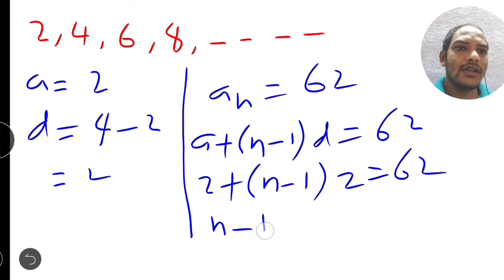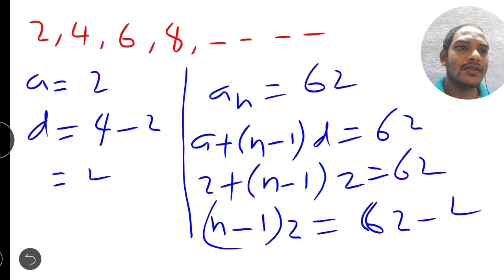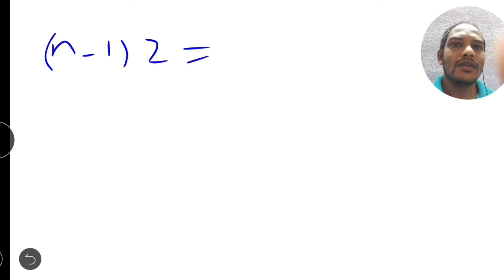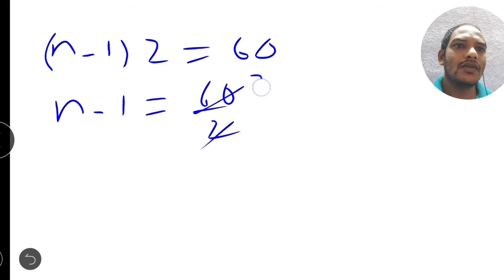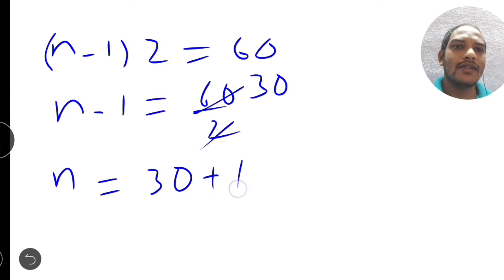N minus 1 into 2 equals 62 minus 2. So N minus 1 into 2 equals 62 minus 2 is 60. Then N minus 1 equals 60 by 2. 2 ones are 2, 2 thirties are 60. N equals 30 plus 1, that is 31.